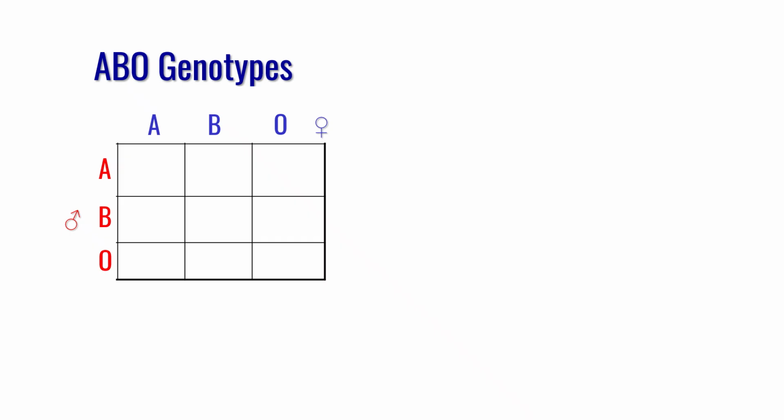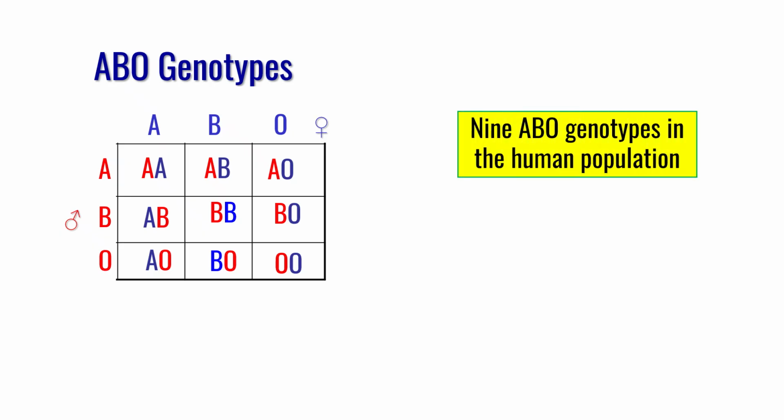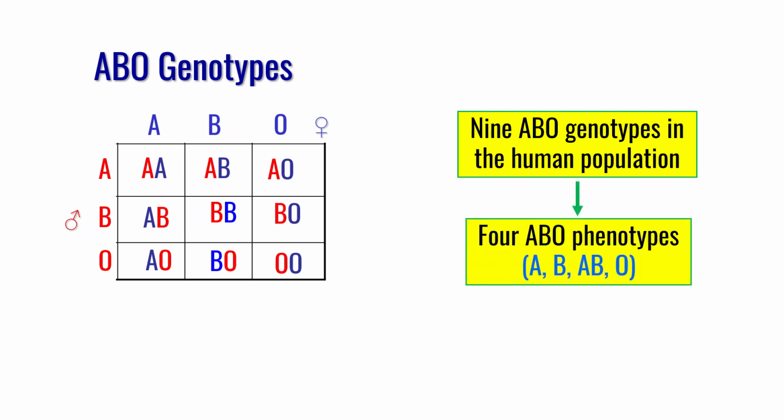So 3 by 3, 9 small squares. Put the combinations and predict the phenotype. So there are a total of 9 ABO genotypes in the human population and one of these will be inherited by an individual. So these 9 will give 4 blood group types: A, B, AB or O.